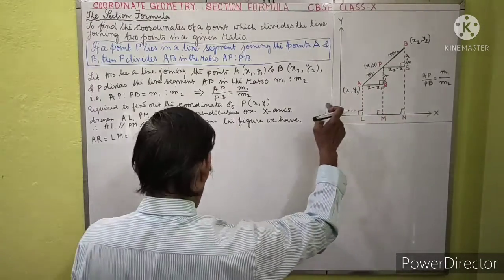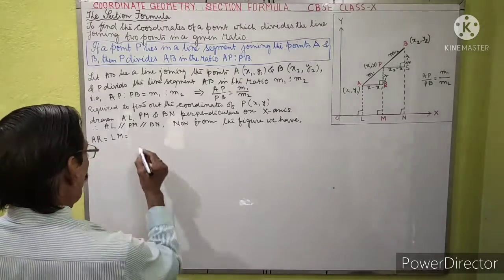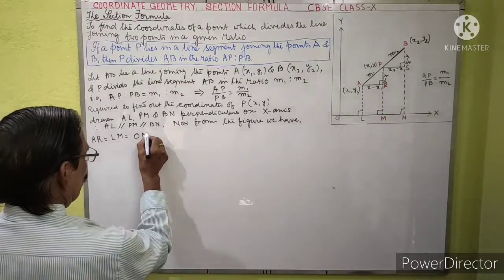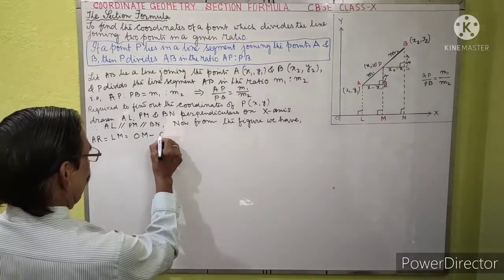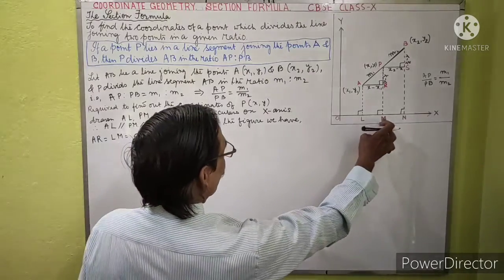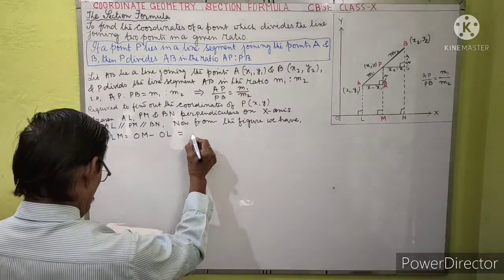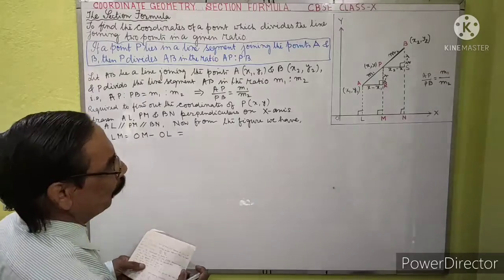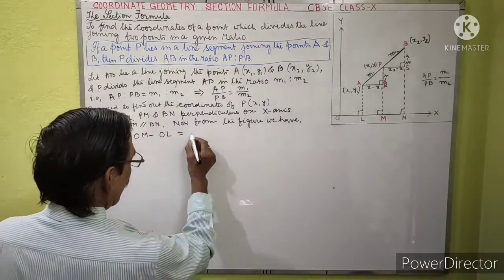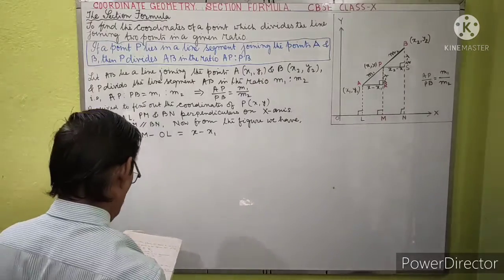LM equals OM minus OL, that is OM equals x, so LM equals x minus x1.